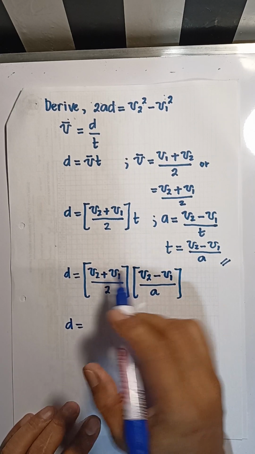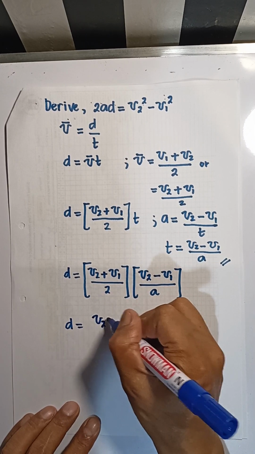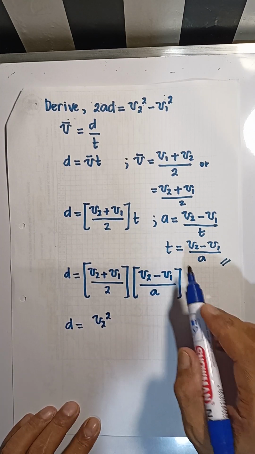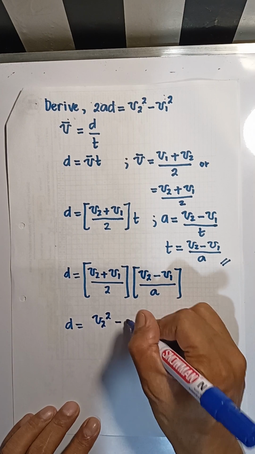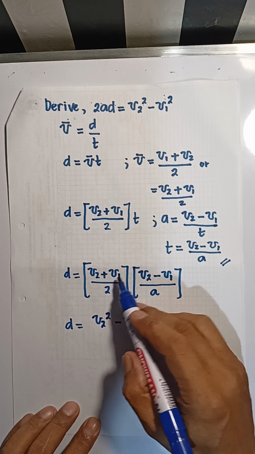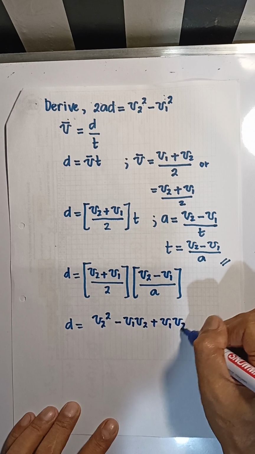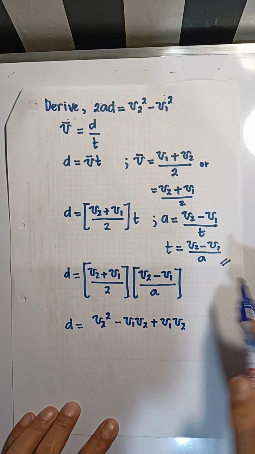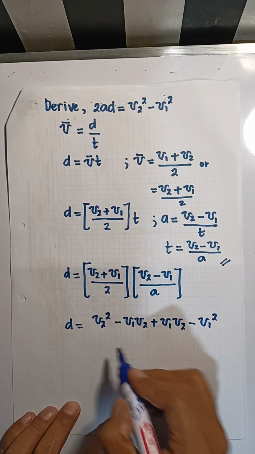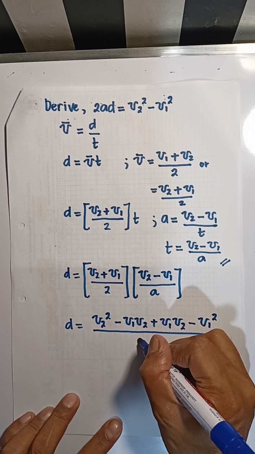So your d, v sub 2 times v sub 2 is equal to v sub 2 square, and then v2 times negative v1 is negative v1 v2, then v1 times v2 is positive v1 v2, v sub 1 times negative v sub 1 is equal to negative v1 square, all over 2 times a is 2a.